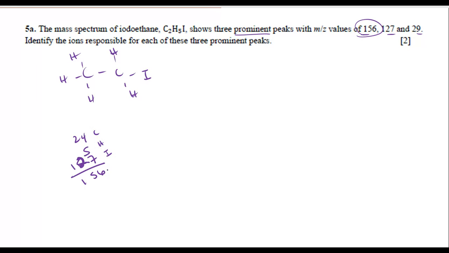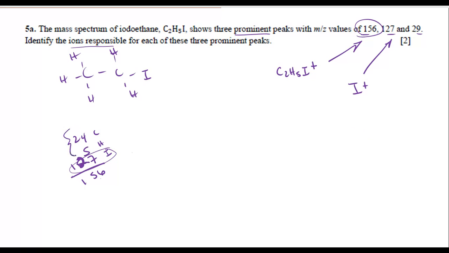Iodine is 127. So 156 is our molecular ion. So our ion responsible for this guy is C2H5I, and I add the plus sign to show that it's an ion. 127. I totally just said that iodine was 127. That is the ion that we would see at peak 127.